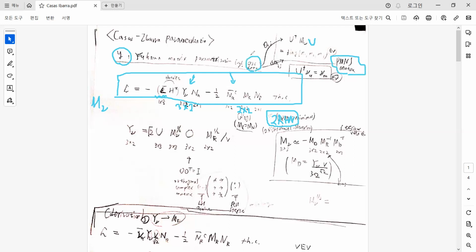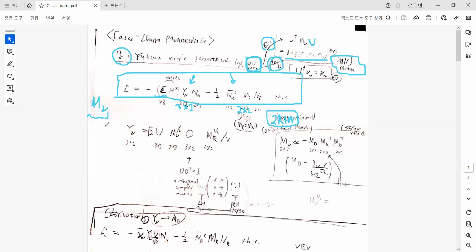Also the mass eigenvalues of the active neutrinos are determined by the oscillation data, the mass scale differences. So satisfying the neutrino oscillation data is important when we consider the parametrization of the Yukawa matrix. The mass scale differences determine the eigenvalues of the neutrino mass matrix, and the mixing angles determine the eigenstates or mixing components of the neutrino mass matrix.